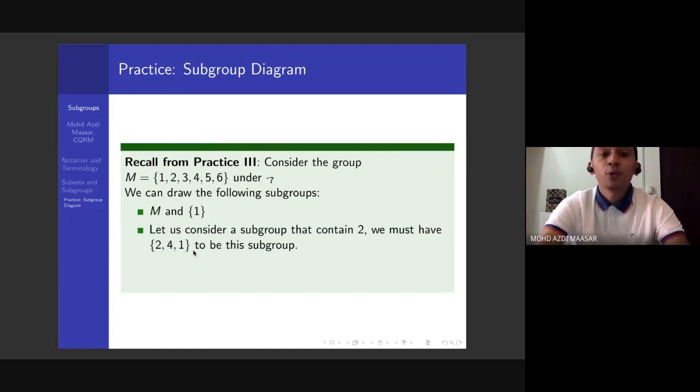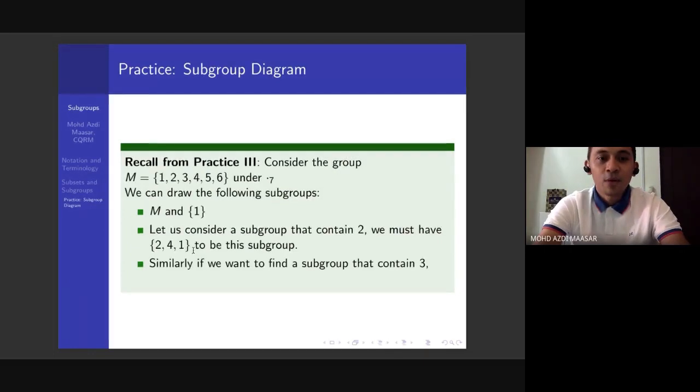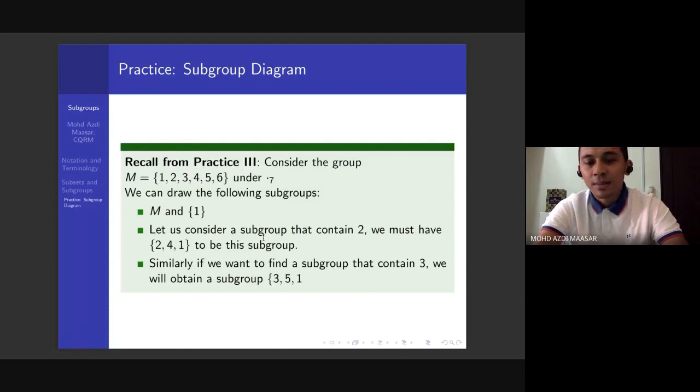So I want you to continue finding the rest of the subgroups. For example, if you want to find the subgroup that contains 3, then similarly, using the method just now, we can obtain it.